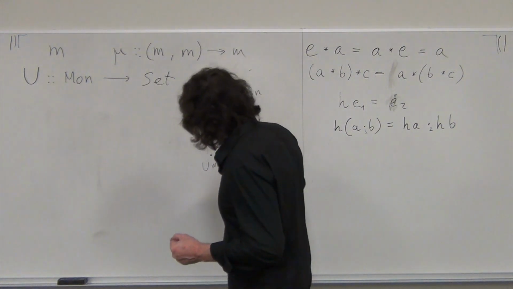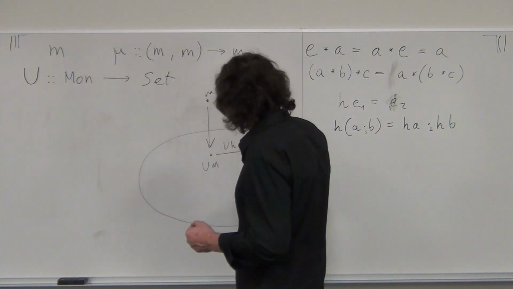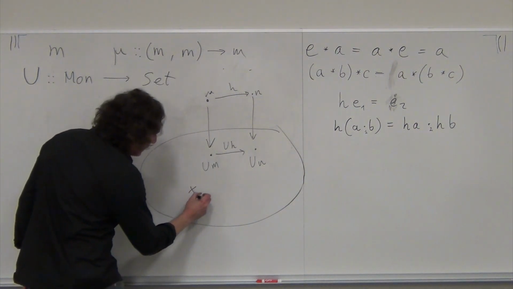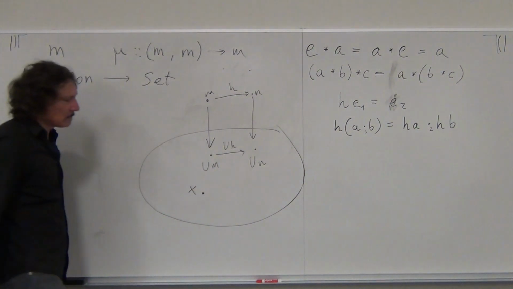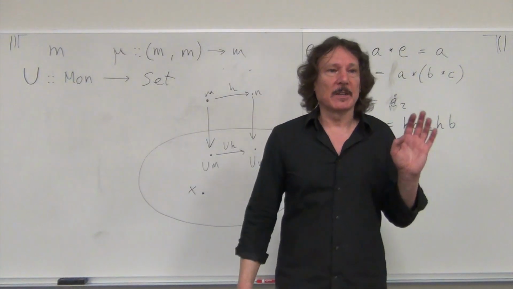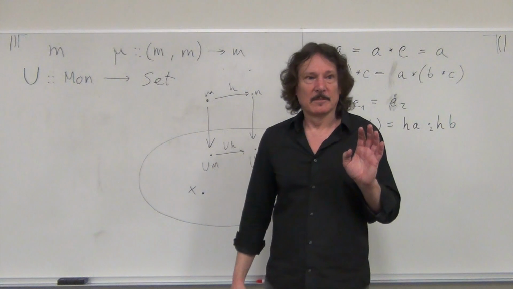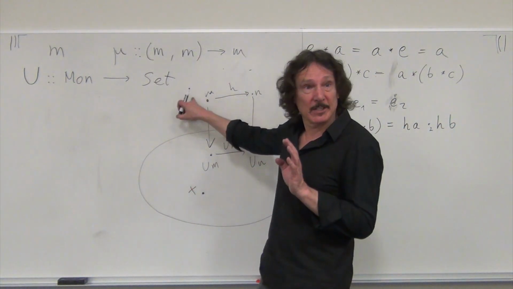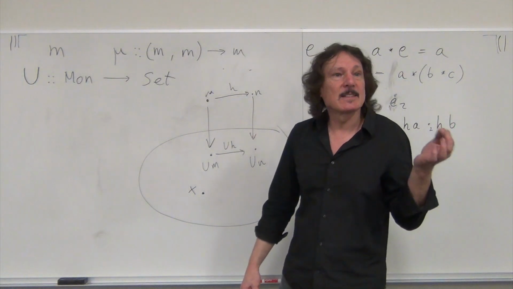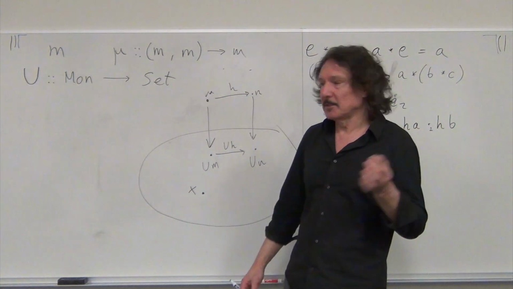So here, down here, in the category of sets, we have a set, let's call it X, okay? This set is our starting set of generators. We cannot define it in the monoid category, but we can define it here. We can pick any set and say this is our generators, right?